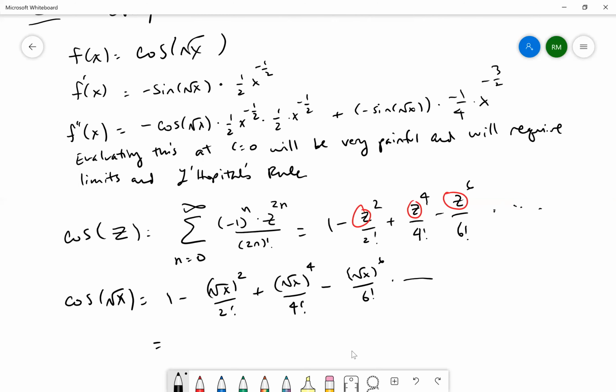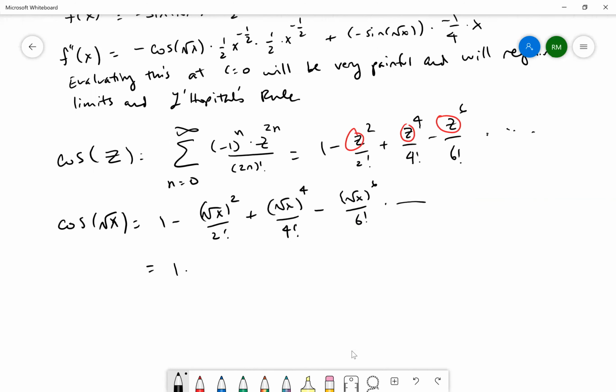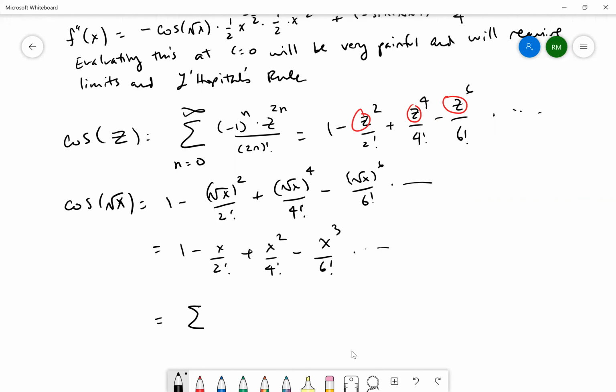And I see that this becomes 1 minus x over 2 factorial plus x squared over 4 factorial minus x cubed over 6 factorial. So this series should just be equal to the sum from 0 to infinity of -1 to the n, the denominator is still 2n factorial, but the numerator is now x to the n.